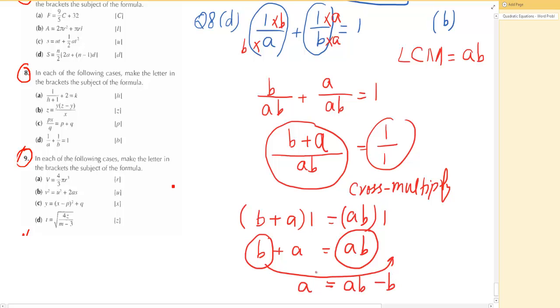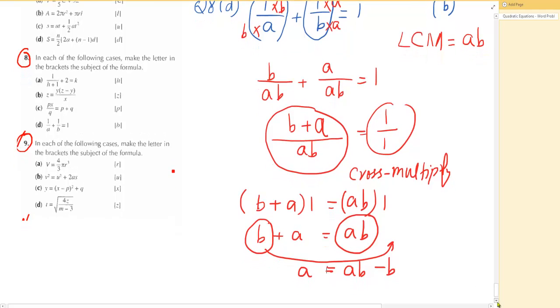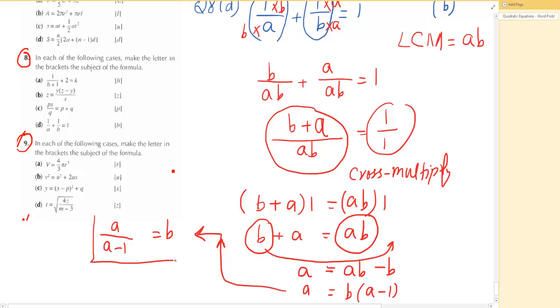What is the next step? I will take b common. A minus 1 and a, and the answer is b is a over a minus 1. Now b is the subject.